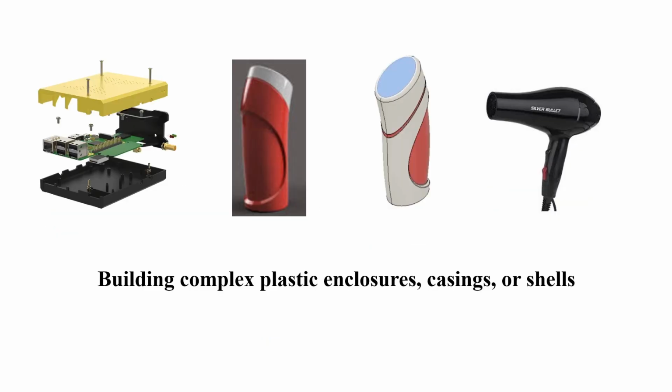Then the other best example for surface modeling is building complex plastic enclosures, casings, or shells. See, when you go for electronic products, all those small electronic components are protected by an outer covering, and that outer covering should be light and should have an attractive shape.